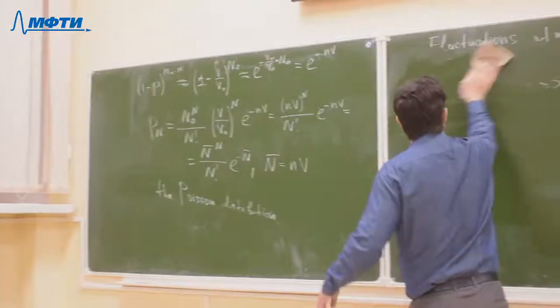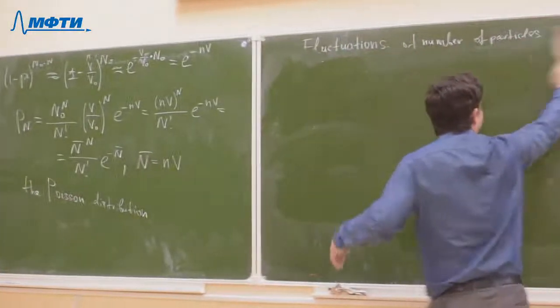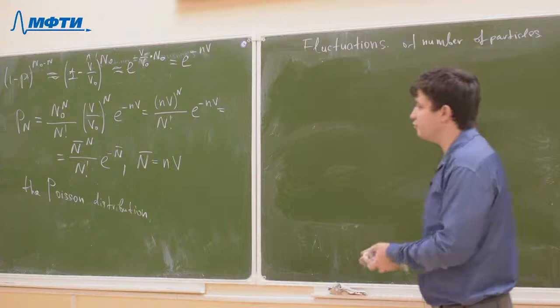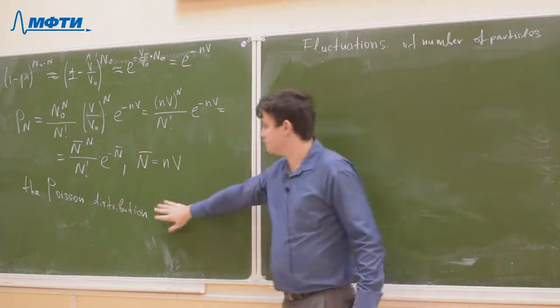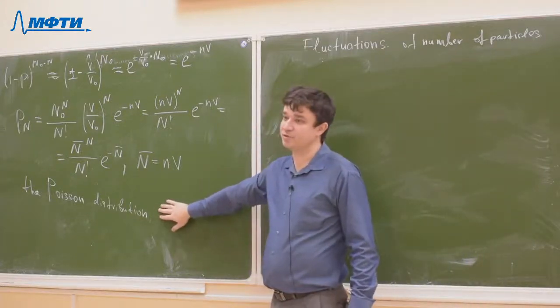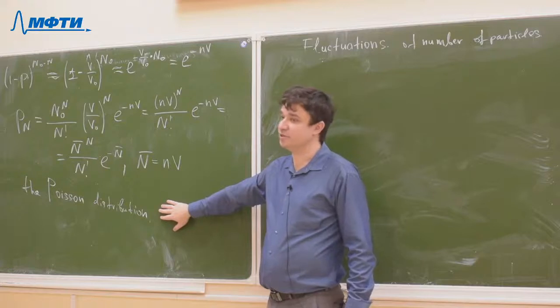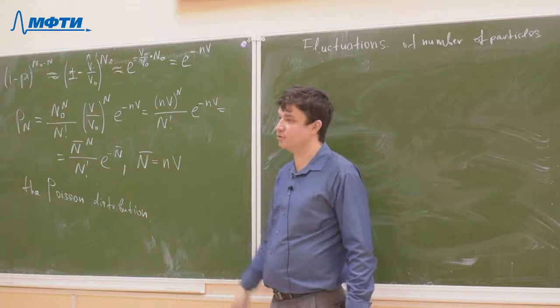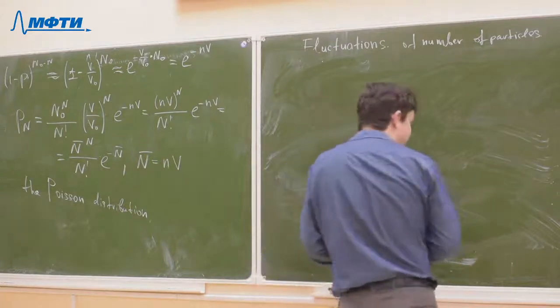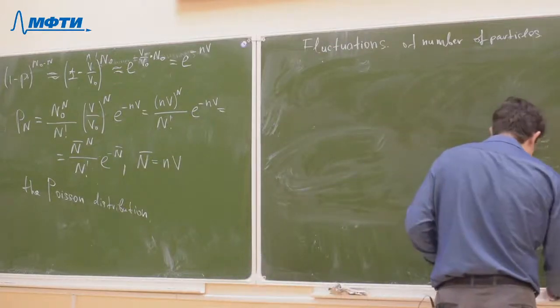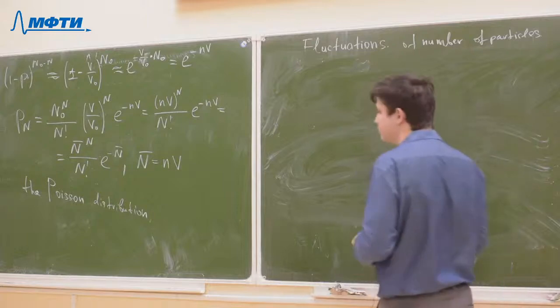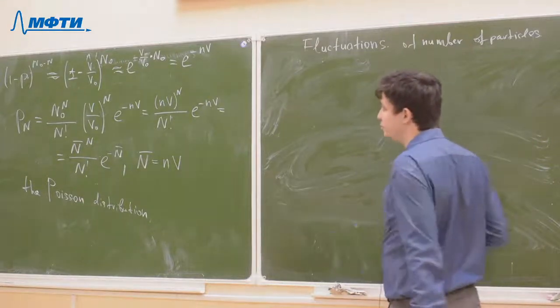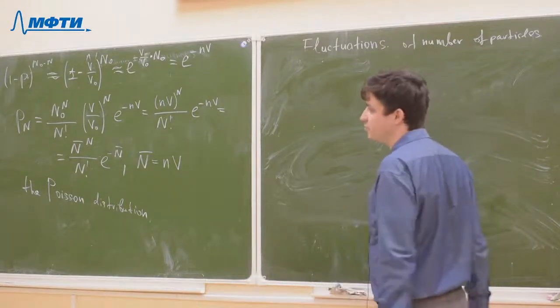But before I do this, you should remember that Poisson distribution is the limiting case of a binomial distribution. This is what follows from our derivation. We started with binomial distribution and ended up with the Poisson distribution when we go to the limit, when the number of particles becomes very large.